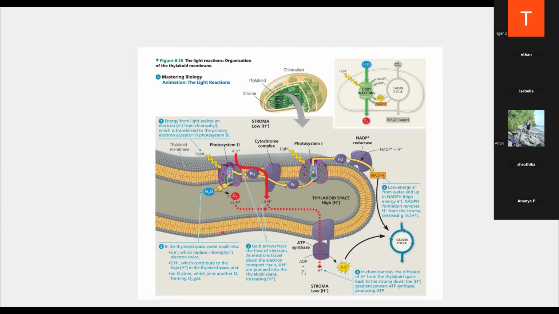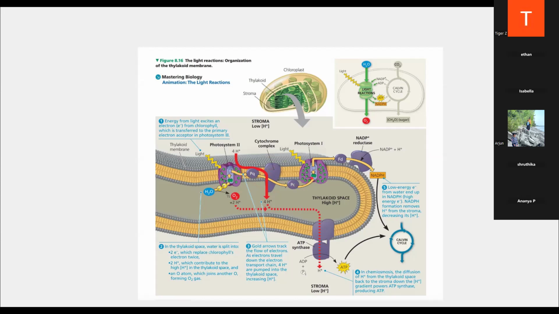Right here. Then these electrons flow through all of this, PQ and PC, plastoquinone and plastocyanin. You guys already know that. But it's basically just a transfer of electrons to photosystem 1. And then this cytochrome complex here is basically an in between the two.